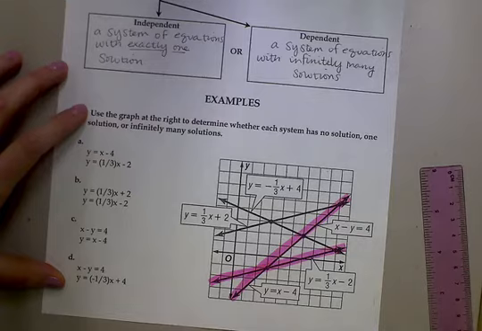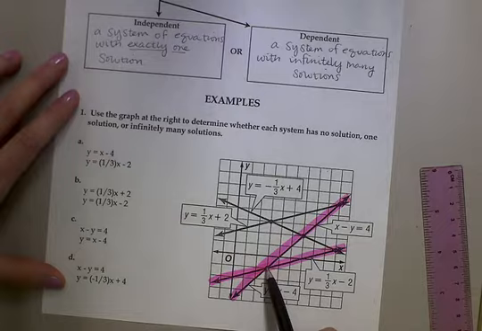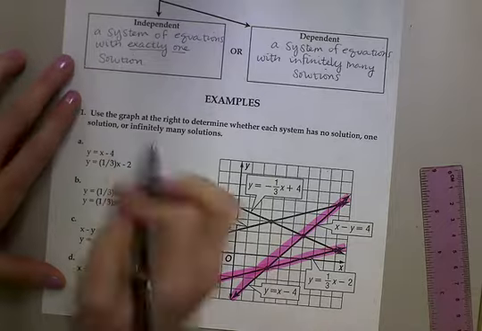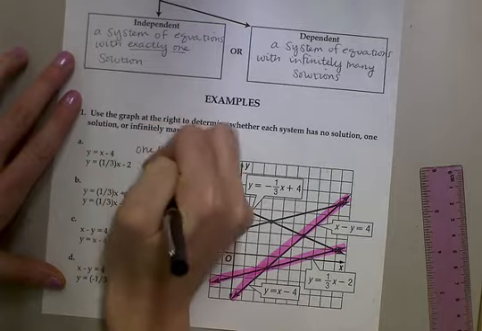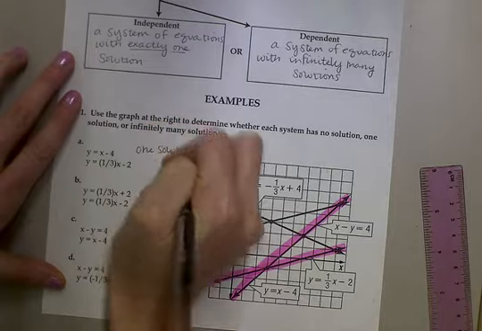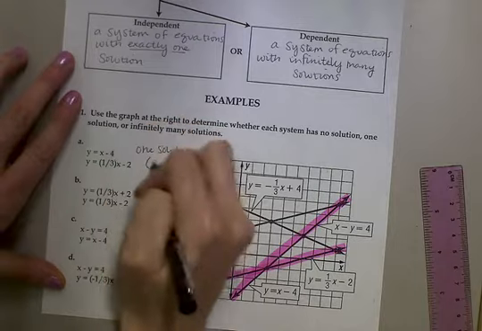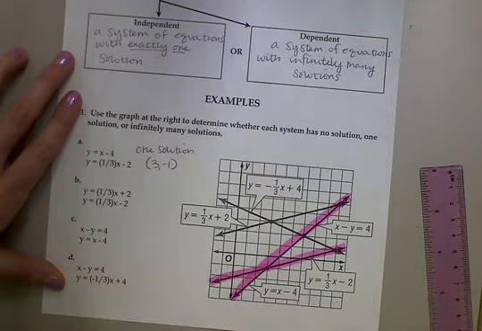And we know intersecting lines only have one solution. And here it is. It's the shared point between both of these equations. So this point here, (3, -1), is the solution for this system. So we have one solution, namely the point (3, -1).